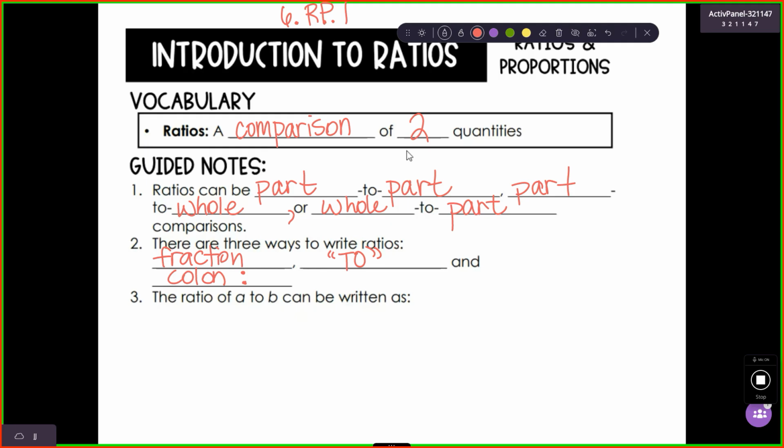Once you got to 3rd and 4th grade, they started sticking these letters in there, and their favorites are X and Y. Some other favorite letters that they like to use is M. Have y'all seen any letters that they like to use? Those are called unknown variables. What are the letters called? Unknown variables. And what that means is an unknown number.